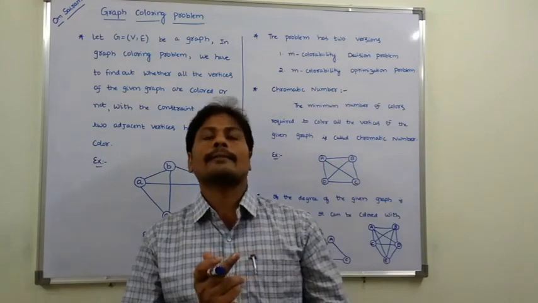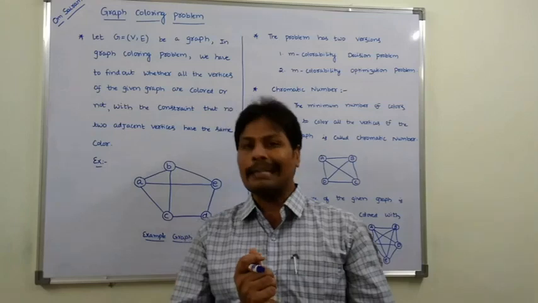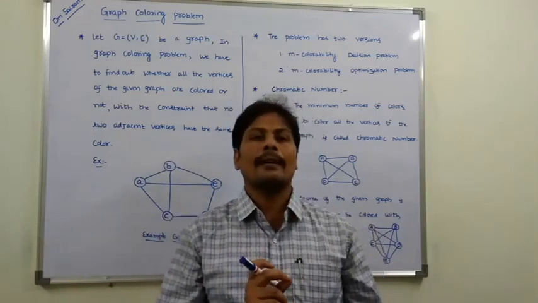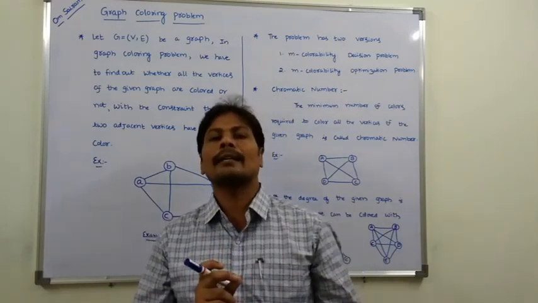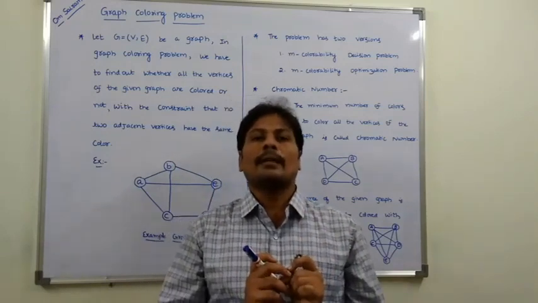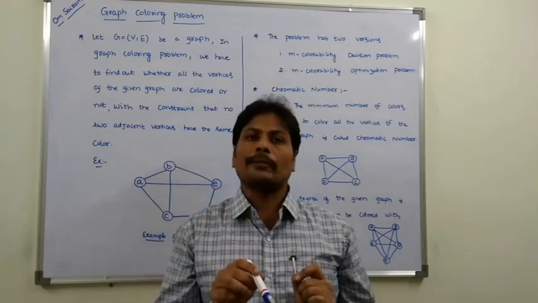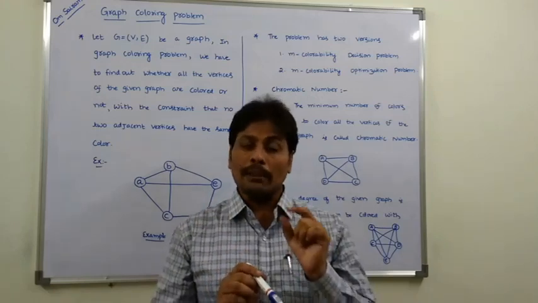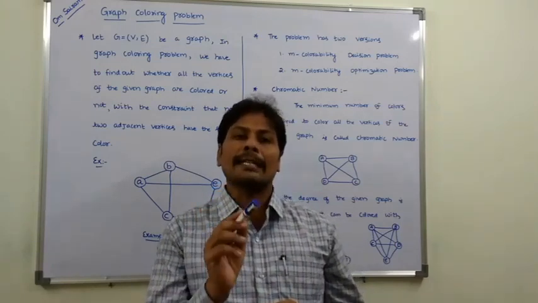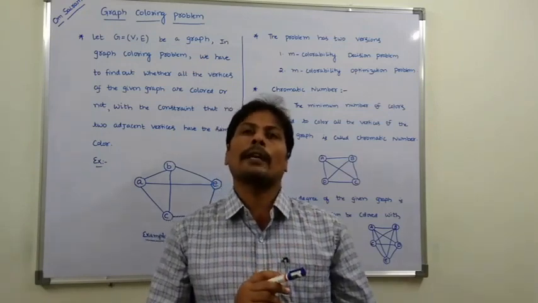Let us consider G = (V, E) is a graph, where V is the set of vertices and E is the set of edges. Here the problem is to color all the vertices of the given graph with the minimum number of colors, such that no two adjacent vertices have the same color. So this is the graph coloring problem.